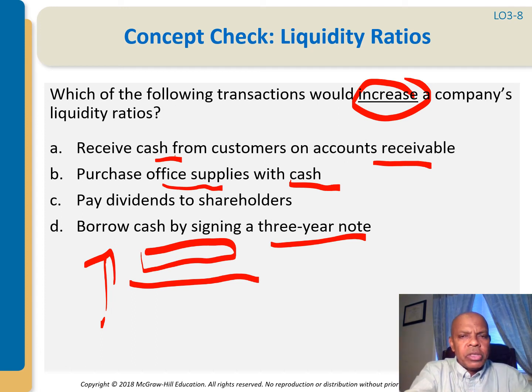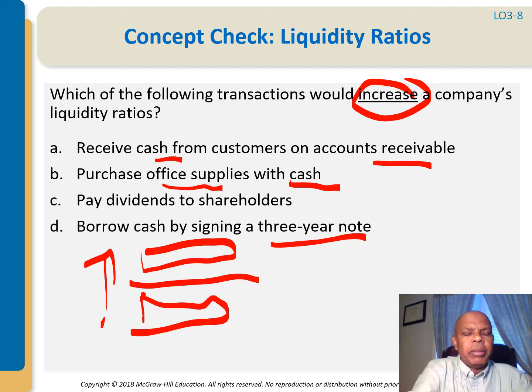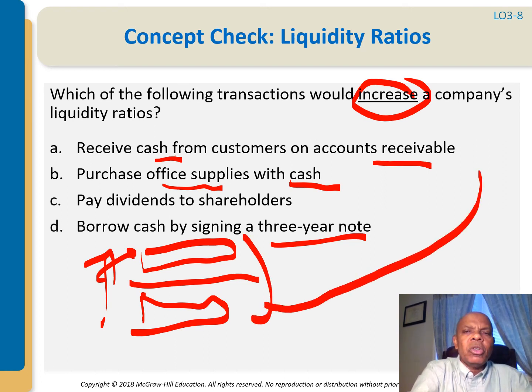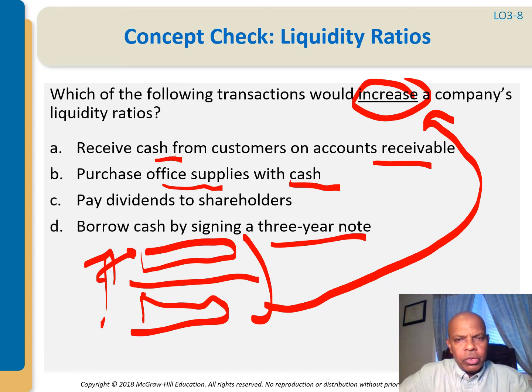Since current liabilities remain the same and only cash increases, that's the only case that increases the liquidity ratio. Everybody understand that? If you don't understand, go back and review this again.